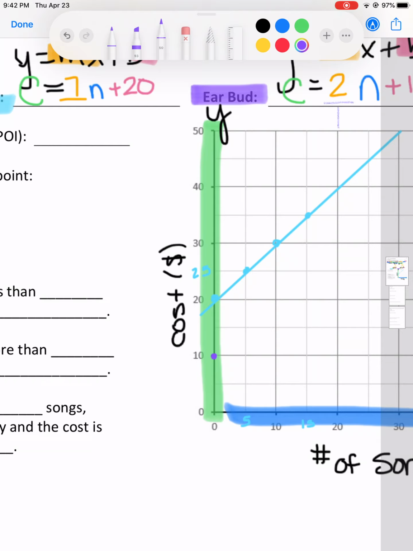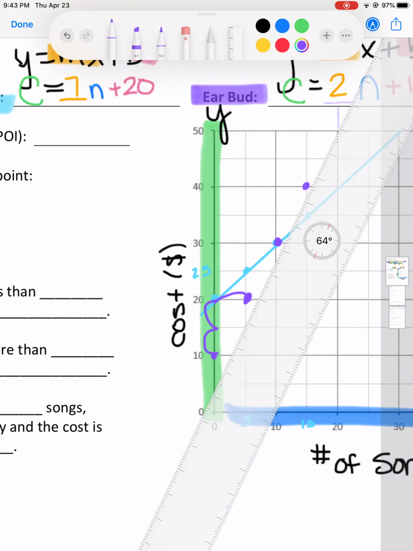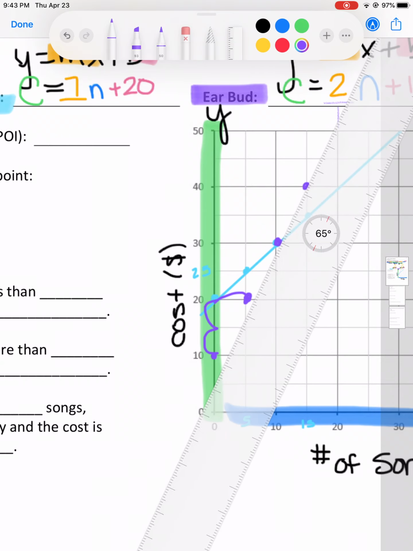So up 2/1. So how are we going to do that? Because the scaling is the same, we can go up 2/1, okay? Just so you guys are aware. Up 2/1. Up 2/1. So, hopefully you guys notice the point of intersection.